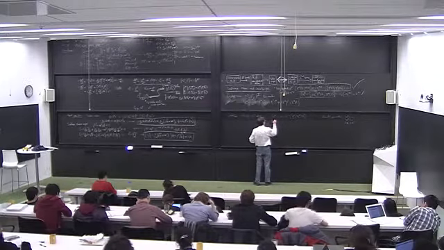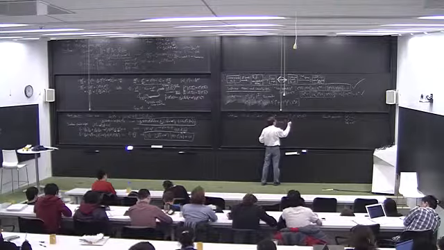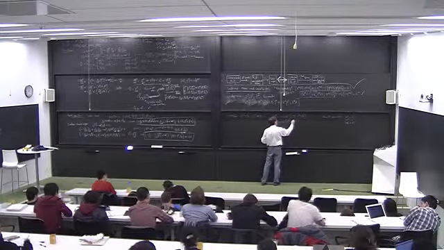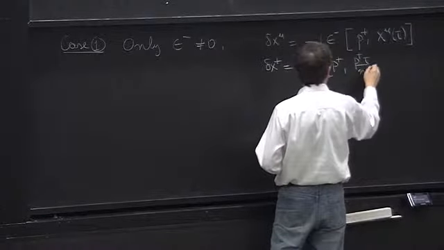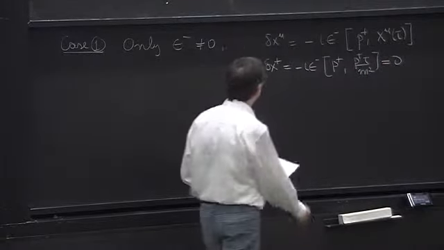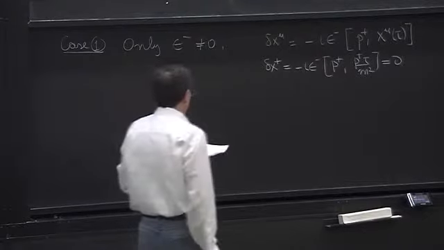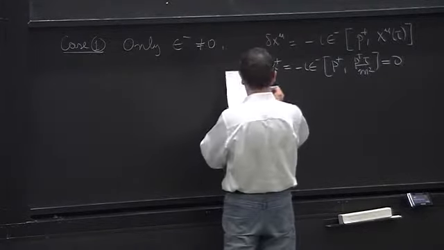Delta x plus would be minus i epsilon minus [p plus, x plus], which is p plus tau over m squared, and p plus with p plus is 0, so that's good. How about delta xi?